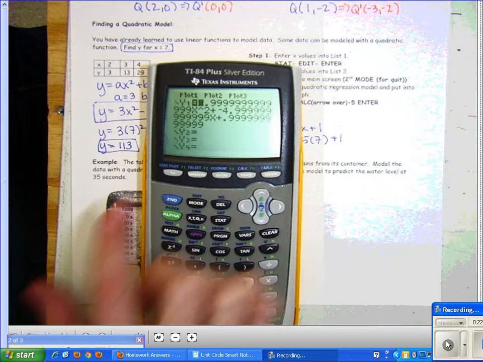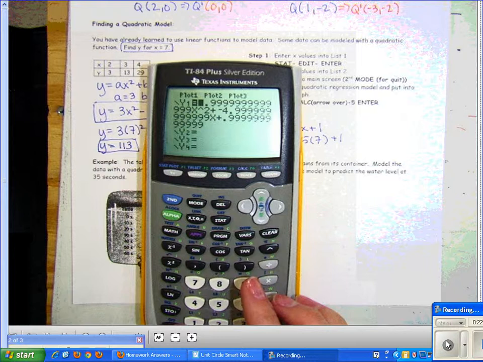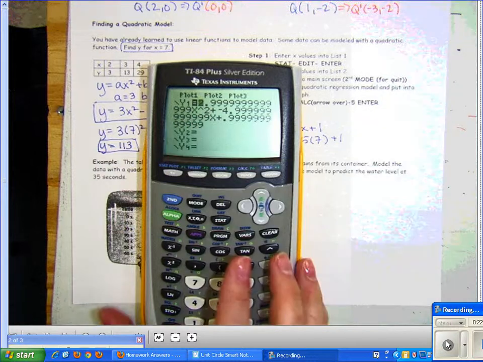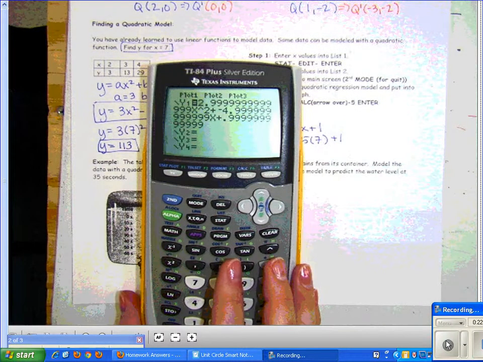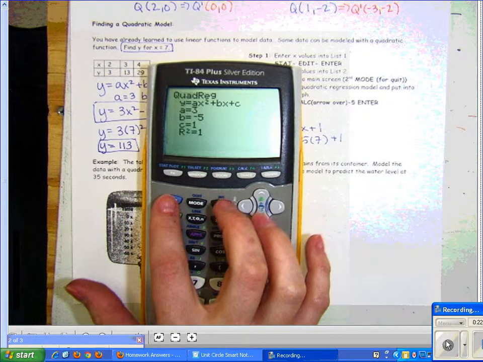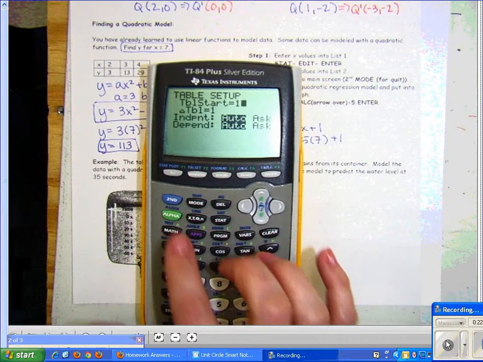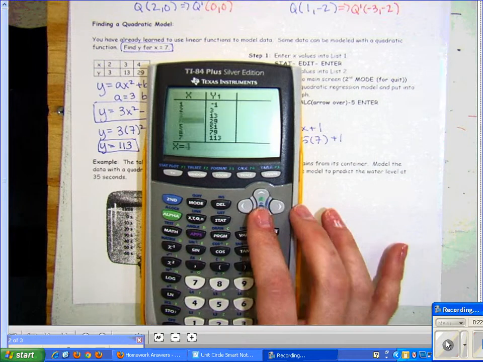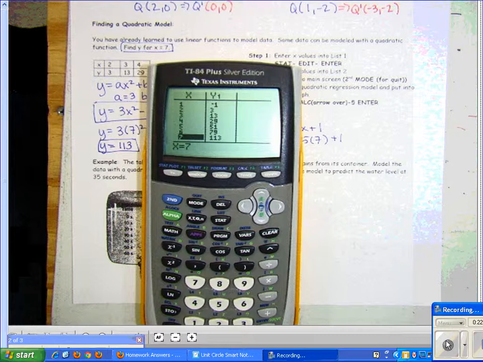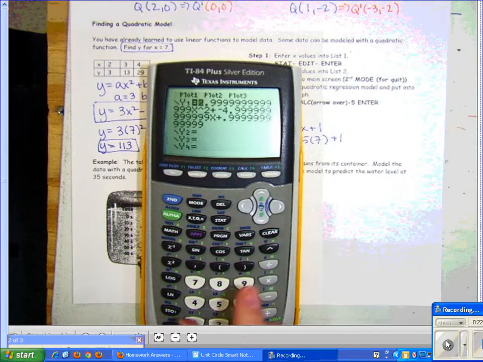Enter. Notice when I go to my y equals, that should put the equation in for me. I don't know why it rounded, so it must be some kind of error with my calculator, so I could probably just type it in by hand, but I should get the same answer when I go to my table. I want to look at a value of 7, and notice I get 113.